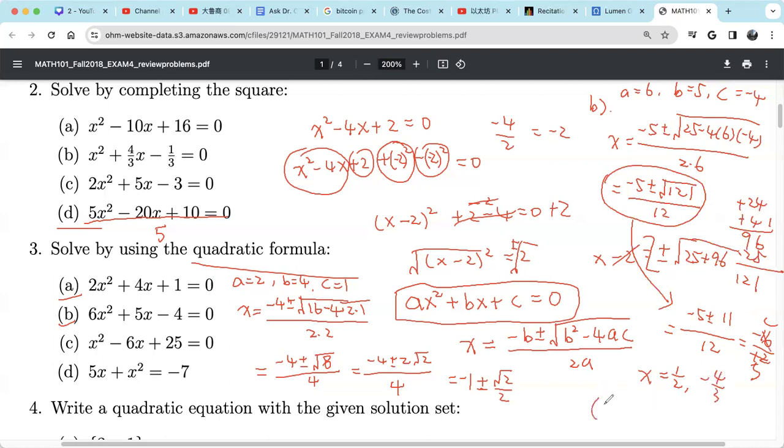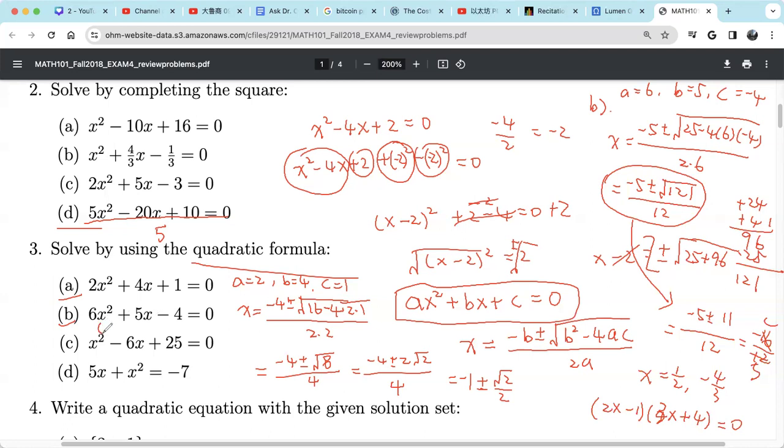These two solutions tell us one factor is 2x minus 1, and another factor is 3x plus 4. Okay, let's go back to this. So we have 6x squared plus 5x minus 4.